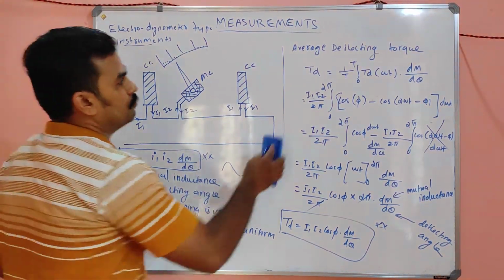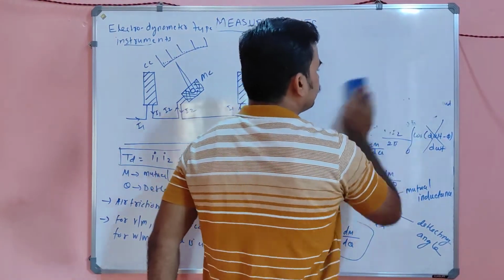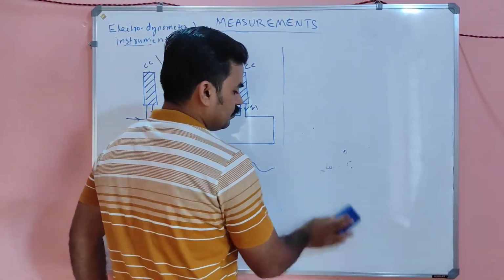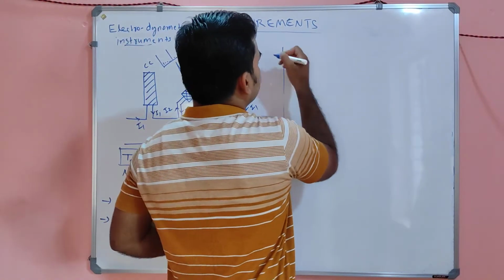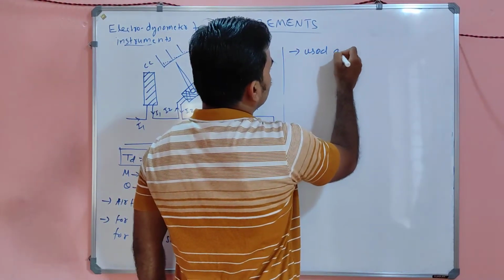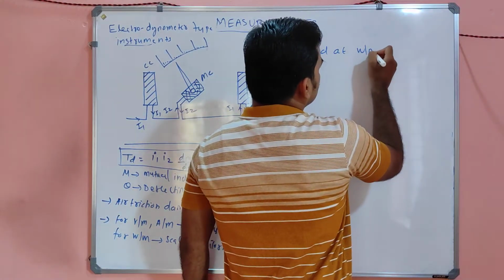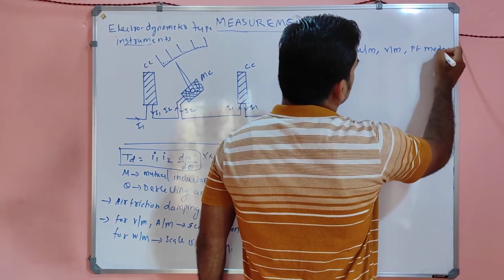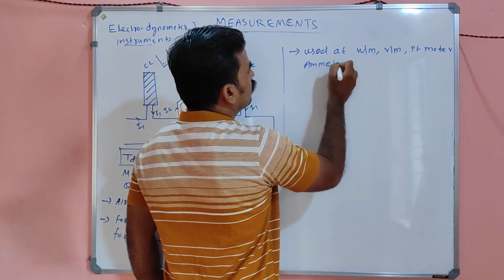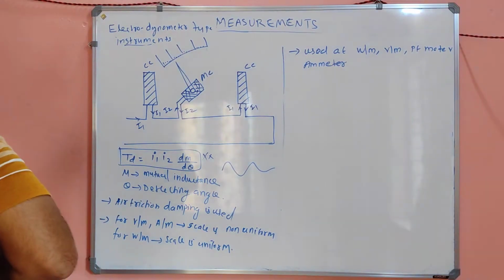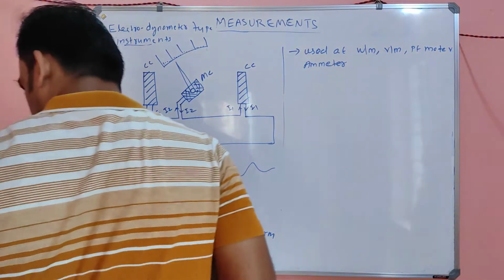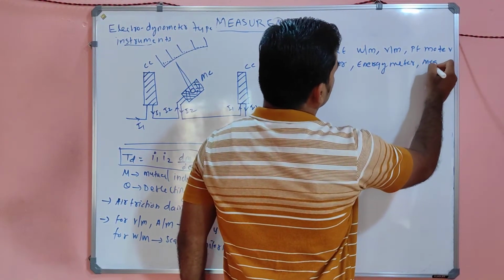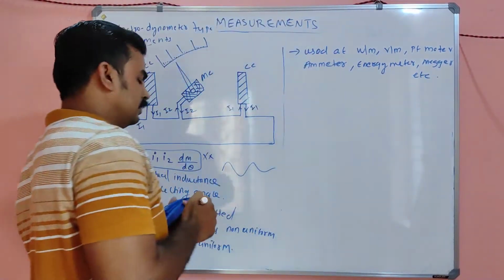And one more thing we can write here. The electrodynamometer is used as a wattmeter, voltmeter, power factor meter, ammeter, energy meter, etc. So just read it.